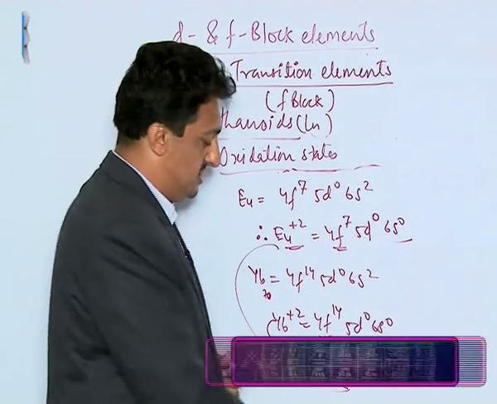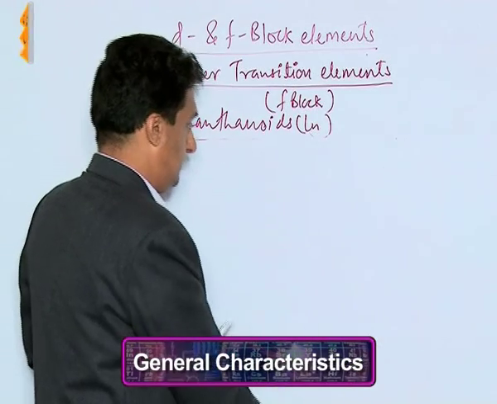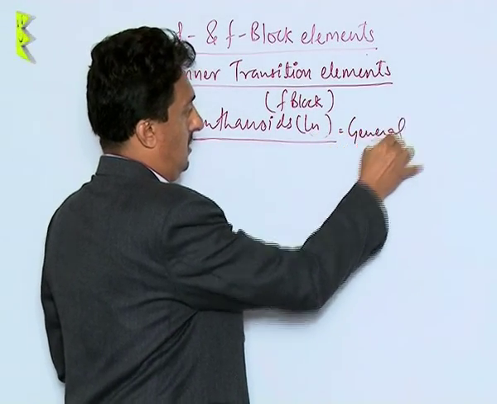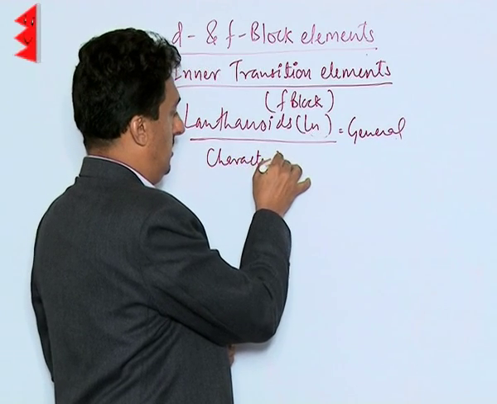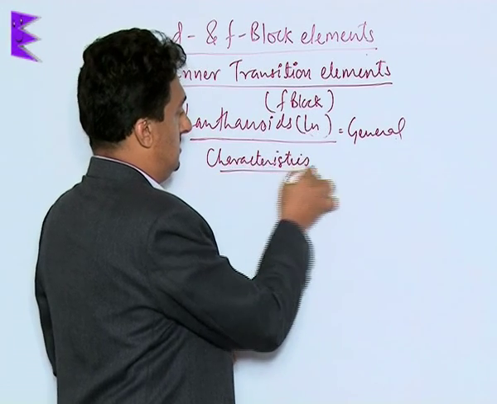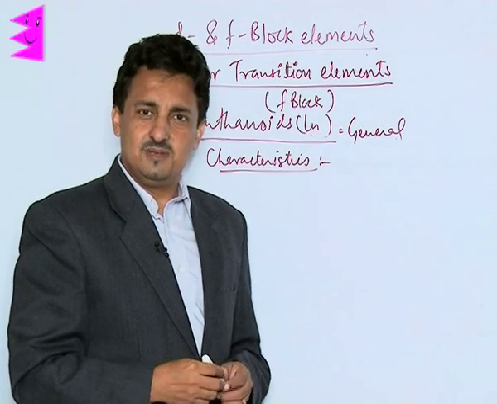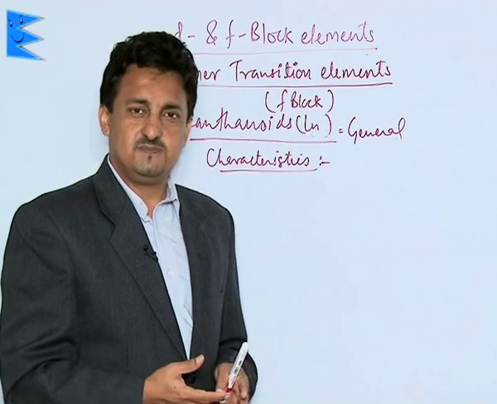Now let us talk about their general characteristics, general properties. Lanthanoids are silvery white metals that easily get tarnished in air because of oxidation.